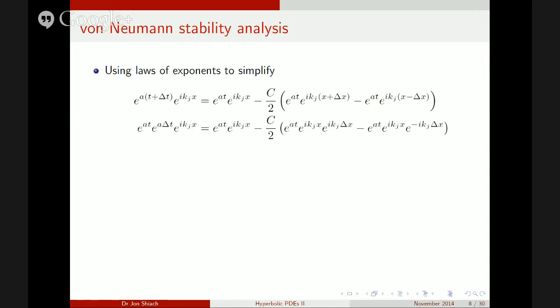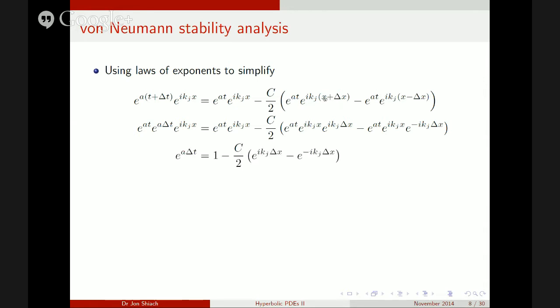I haven't written this in the notes because it's a simple step, but I've taken out the delta t, so I've got e to the a delta t there, and I've done the same with the delta x's. Hopefully you can see that when you add powers, you just multiply bases together. So this is just getting rid of the brackets in the power there.